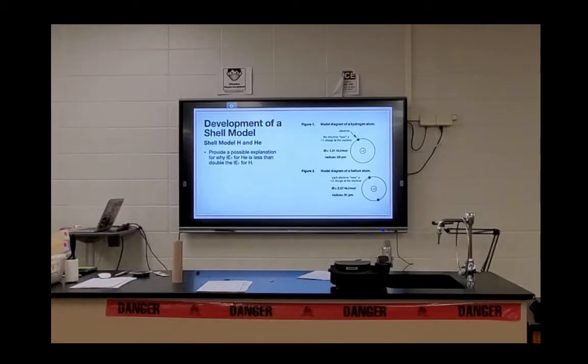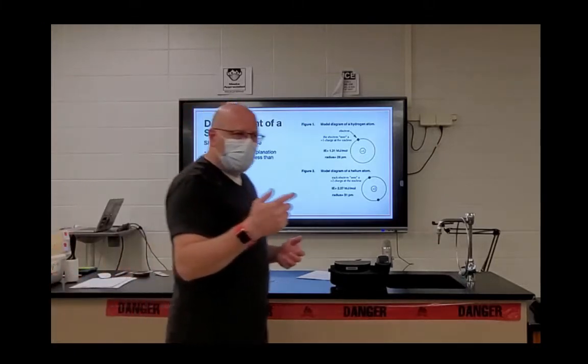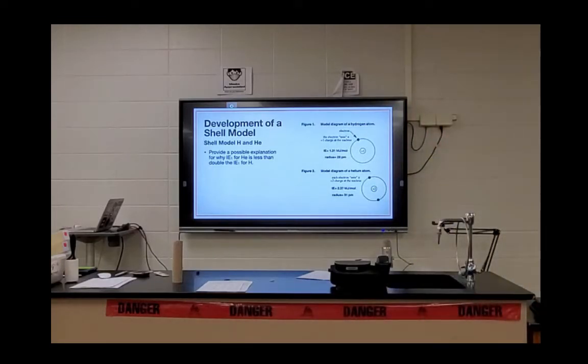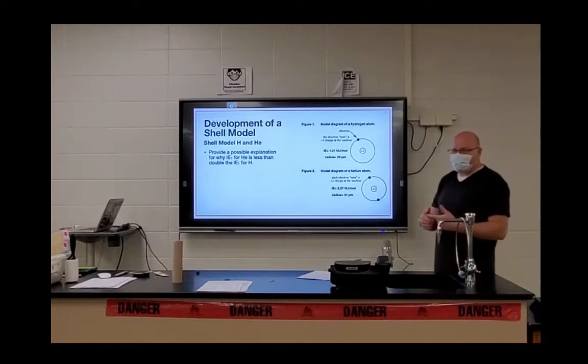So if you double the numerator, what are you going to do to the answer? You're going to double. So by doubling the number of protons, we should see a doubling of the ionization energy, because we're going to see a doubling of the attraction.